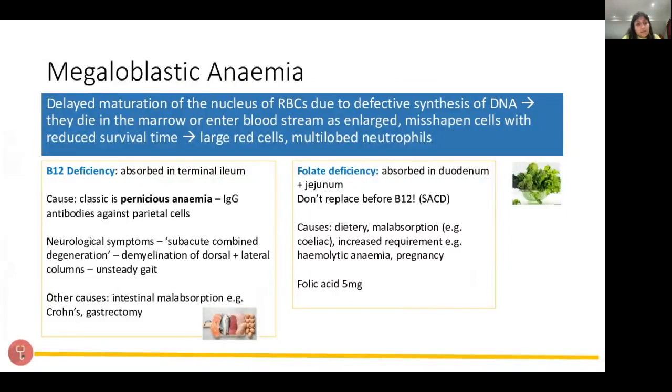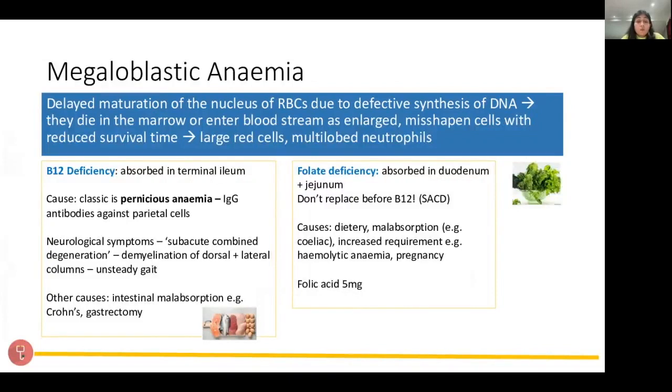So splitting it up into B12 and folate deficiency, so B12 is absorbed in your terminal ileum, which is why sometimes patients with Crohn's disease as well will have low B12 levels. But the sort of classic cause that you may see in SBAs is pernicious anemia, where you get antibodies against your parietal cells, so they don't produce enough intrinsic factor, and we need intrinsic factor to bind to B12 in order for it to be absorbed in your terminal ileum.